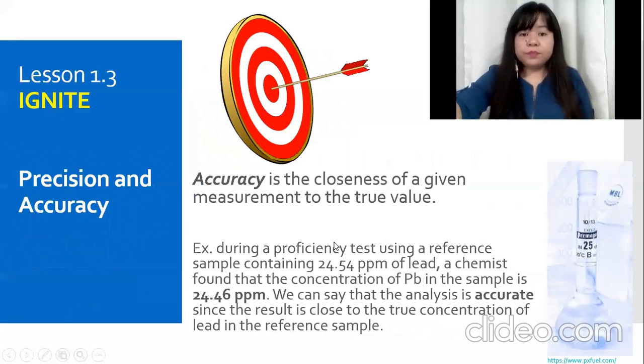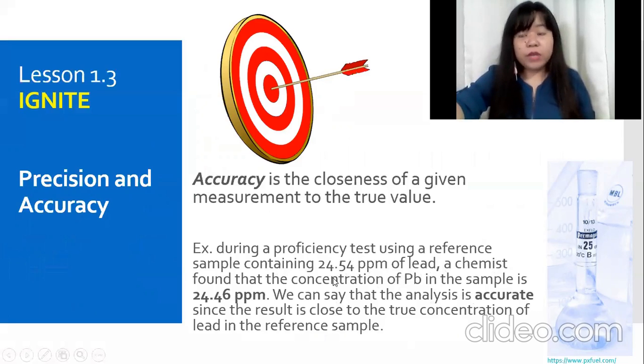For example, during a proficiency test using a reference sample containing a 24.54 parts per million lead solution, a chemist found that the concentration of lead in the sample is 24.46 parts per million. We can say that the analysis is accurate since the result is close to the true concentration of lead in the reference sample.